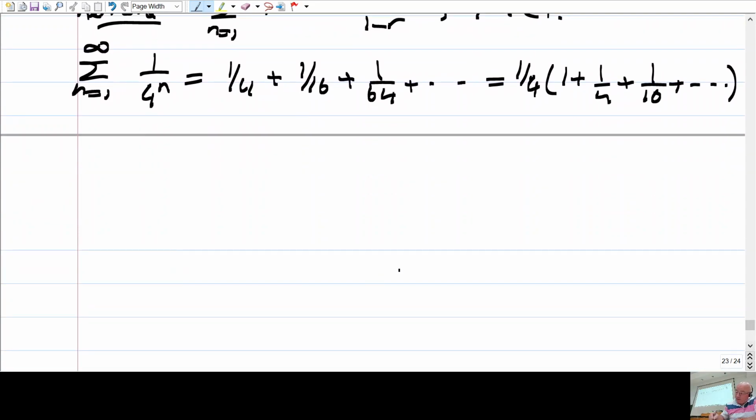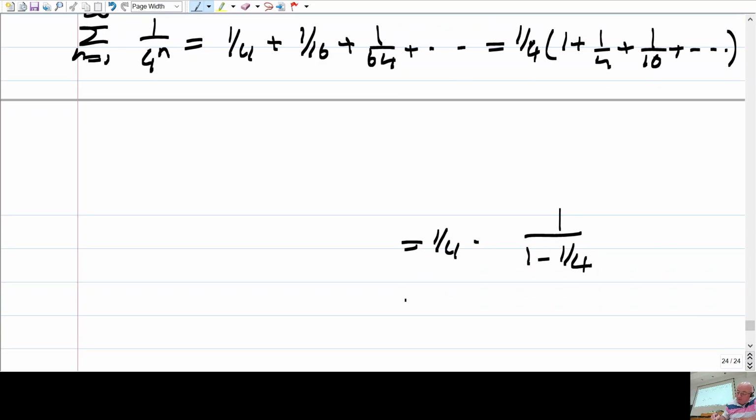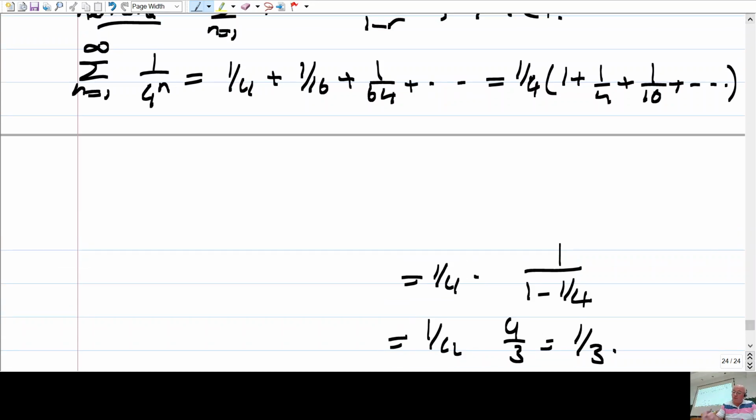And now that is equal to 1 over 4 times 1 over 1 minus 1 over 4. 1 minus 1 over 4 is 3 over 4, so 4 over 3, and this is just 1 over 3. So if you don't have n minus 1 here, you cannot right away say that this is just a over 1 minus r.